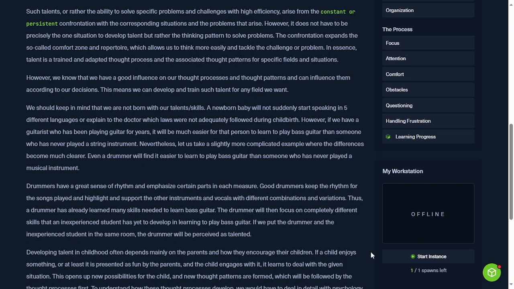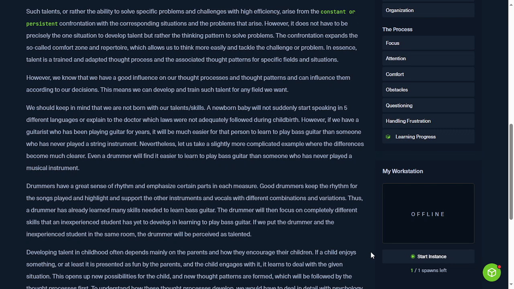Such talents, or rather the ability to solve specific problems and challenges with high efficiency, arise from the constant or persistent confrontation with the corresponding situations and the problems that arise.